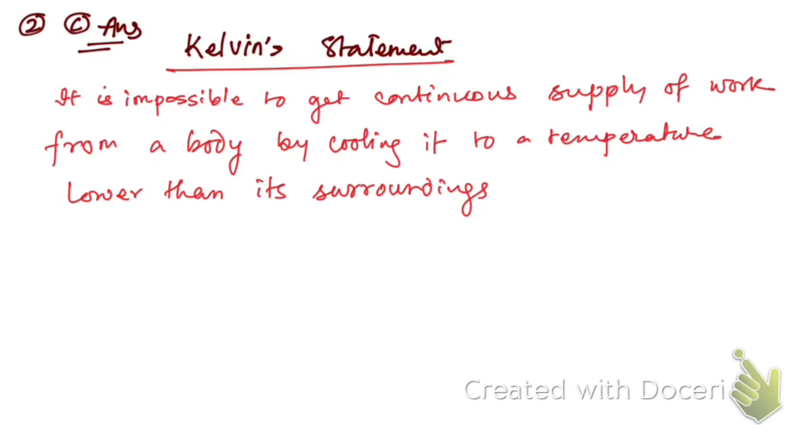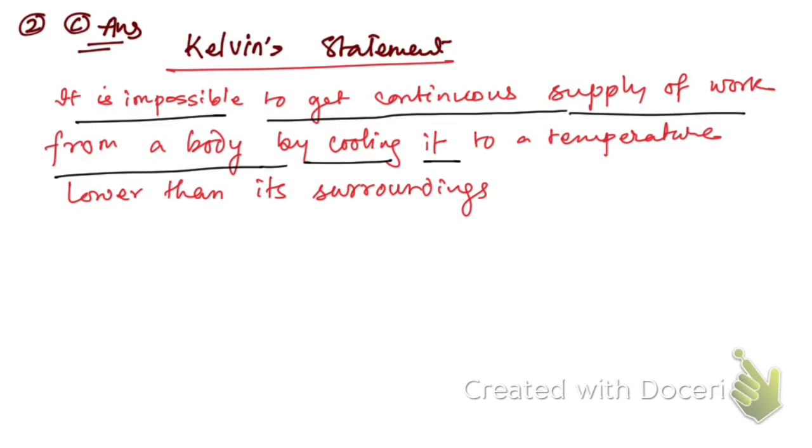Here is Kelvin's statement: it is impossible to get a continuous supply of work from a body by cooling it to a temperature lower than its surroundings. Now let me write Planck's statement.